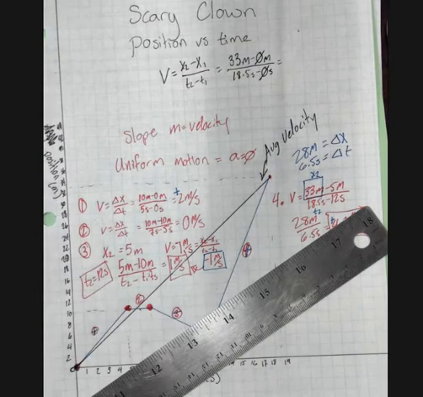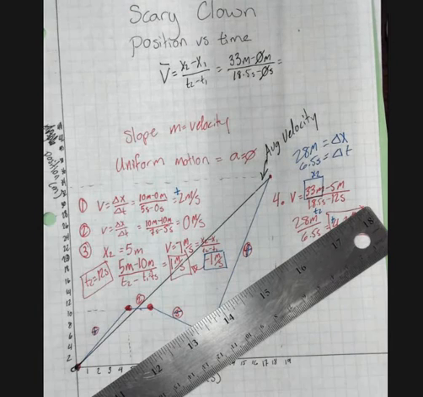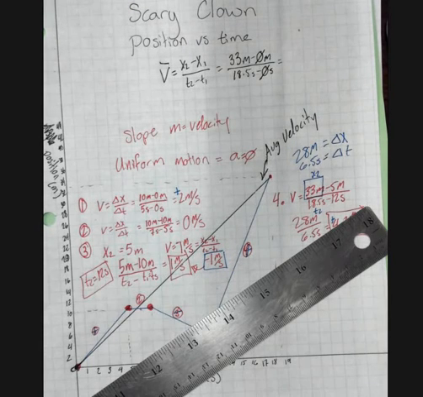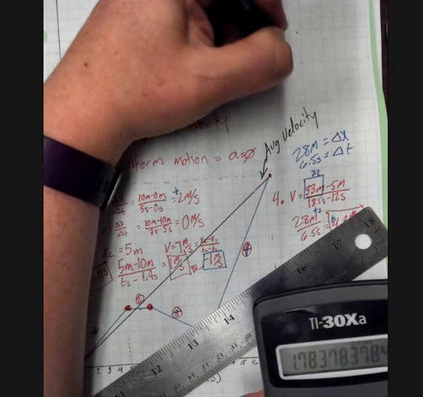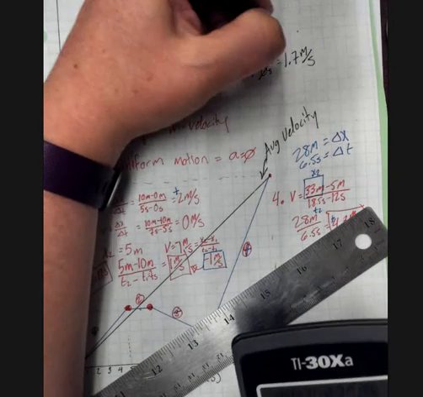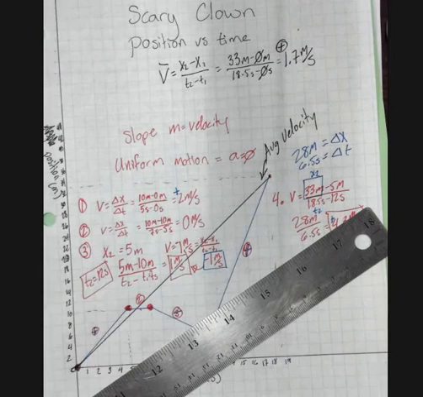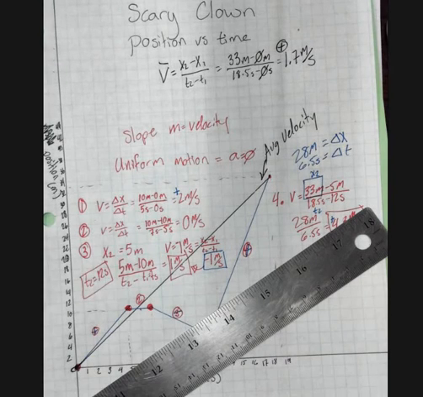So his overall average velocity for the whole trip, which is represented by the black line graphically, then gives us 33 divided by 18.5 was 1.7 meters per second, and that is a positive average velocity because it's a positive slope here. He traveled overall net a positive amount.